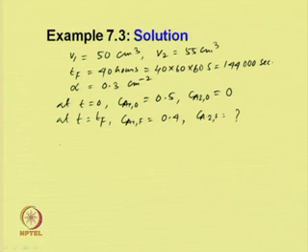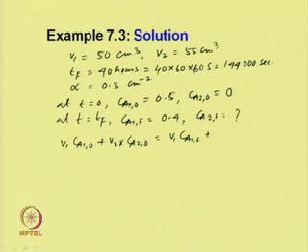So, if we do the material balance, V1 Ca1 naught plus V2 into Ca2 naught will be V1 Ca1f plus V2 Ca2f.